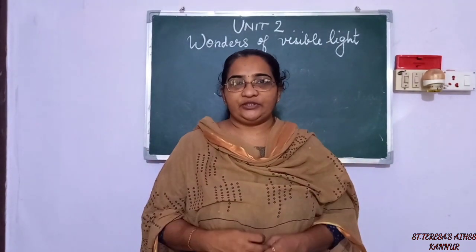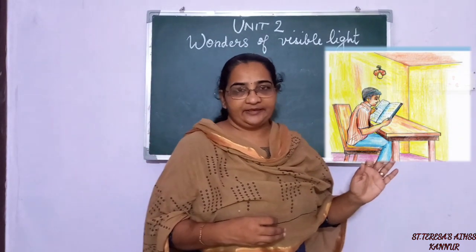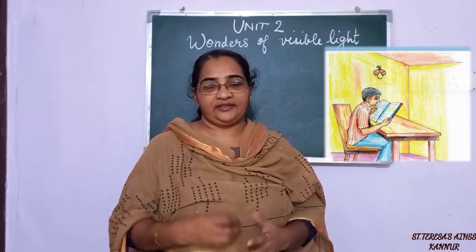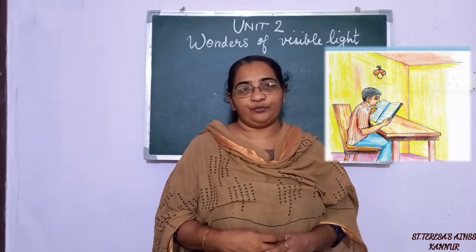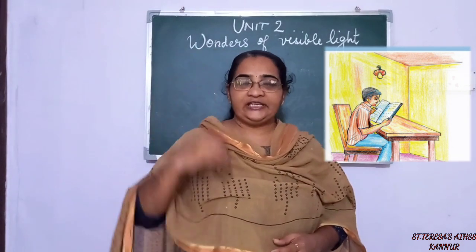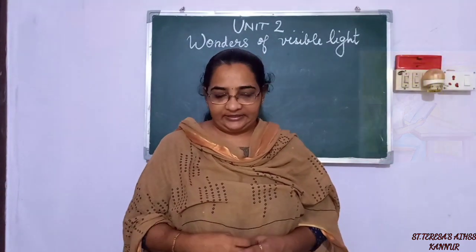So in your textbook, there is a picture of a boy studying. How is the boy able to see the book or the letters inside the book? Yes, it is because of the light which is falling onto the book, isn't it? So what is happening there?